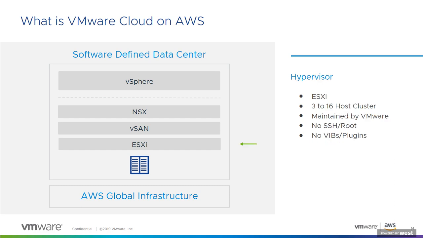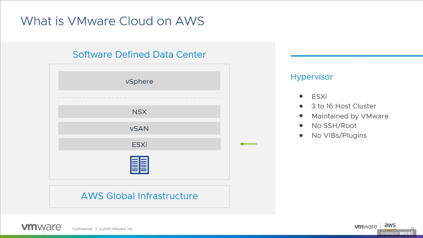The hypervisor is obviously ESXi. You have the option to start with the minimum required, which is 3 hosts for a production cluster, and we can scale that out to 16 hosts per cluster. We currently support a maximum of 20 clusters per SDDC, which brings around 320 hosts per SDDC.